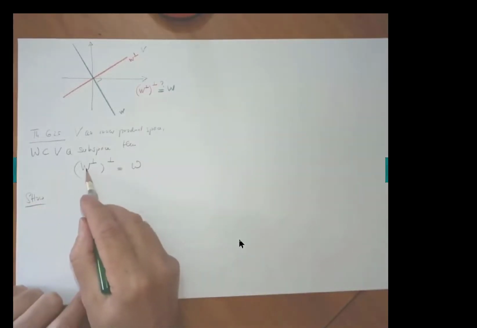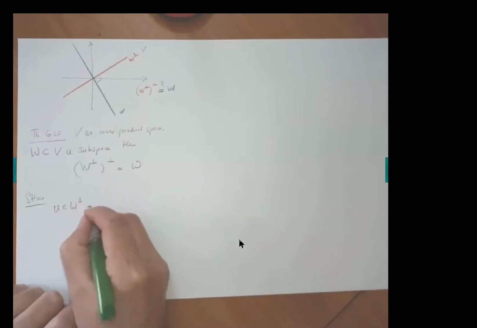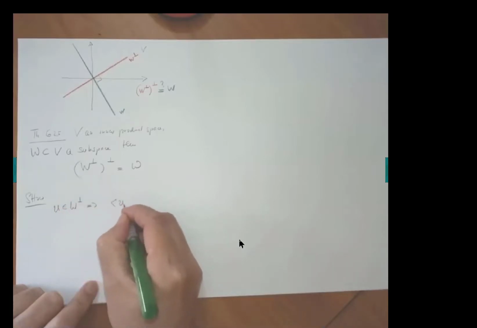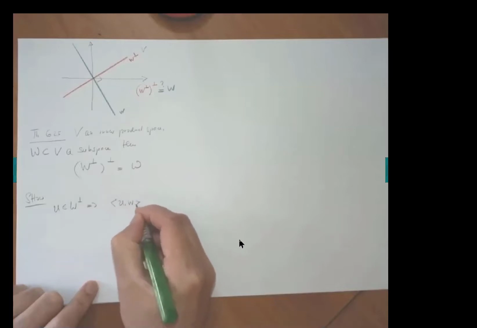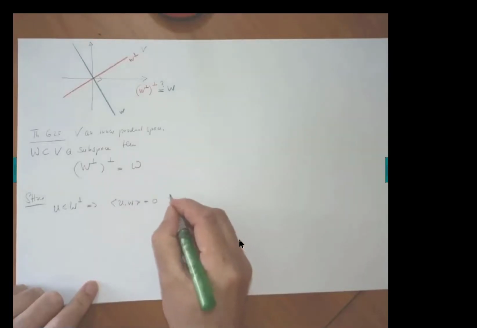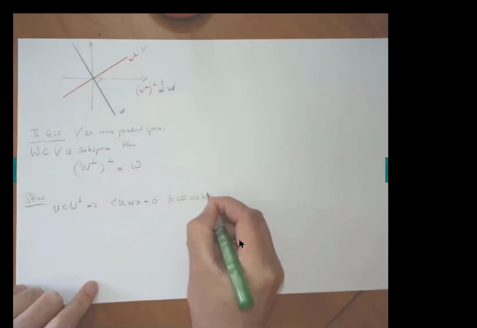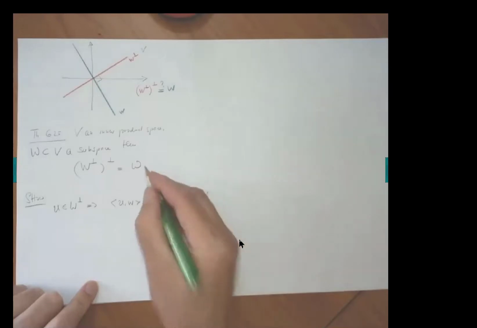So the first thing is, we go back to the definition. What does it actually mean if a vector U is in W complement? That means if you take U and you multiply it with any w in large W, it's always 0. This is your space, the big one.